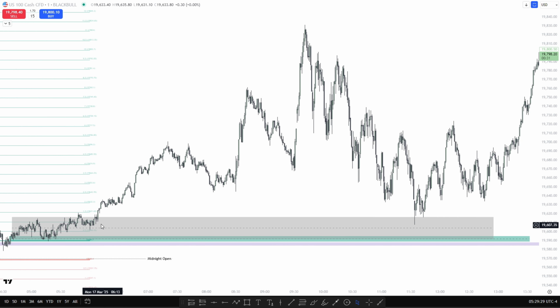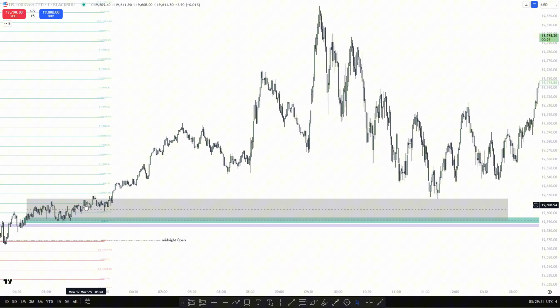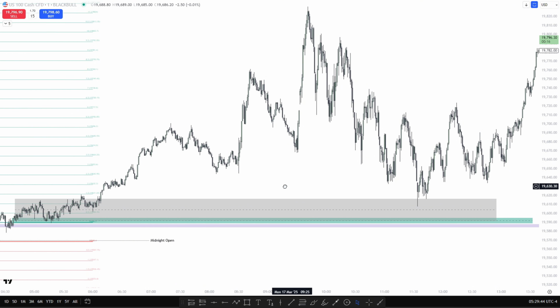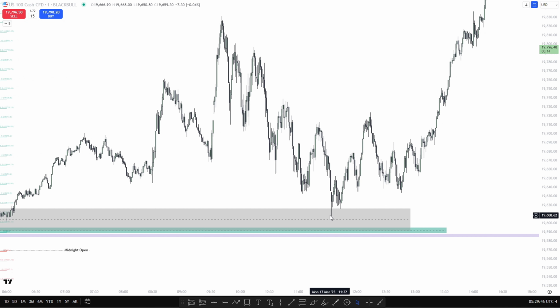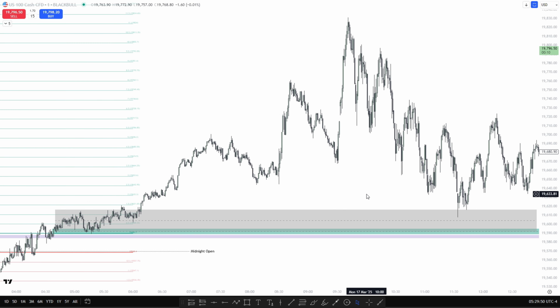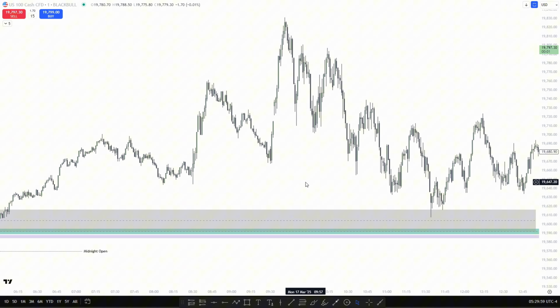So back to the original consolidation, which happened, by the way, right above the midnight range, where you also had this displacement of the midnight range, the largest one in purple. See, back to the original consolidation, and then goes up. So all these little tiny details are things that you want to be paying attention to.